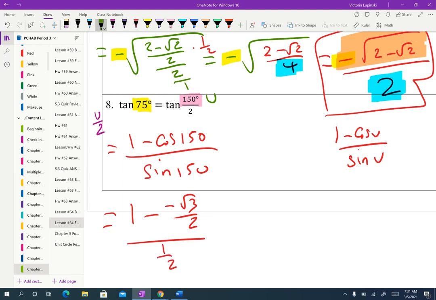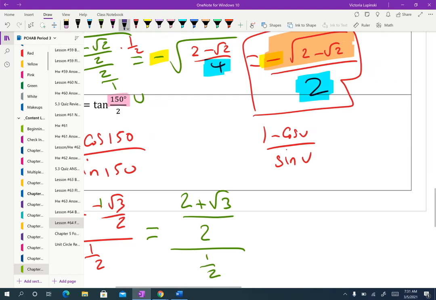Up in the top, minus a minus becomes a plus. I'm going to go ahead and find a common denominator there. So in the top, over 2, that is going to give me 2 plus radical 3. Oh, this should just be a 1. Sorry. Okay, so finding that common denominator, 2 plus radical 3 over 2, and this is all divided by a half.